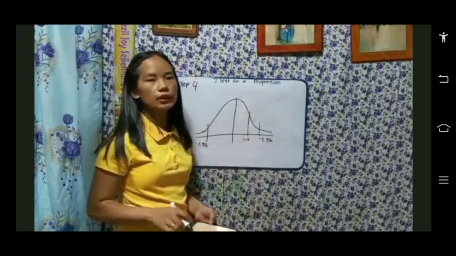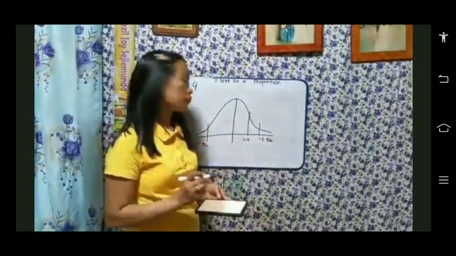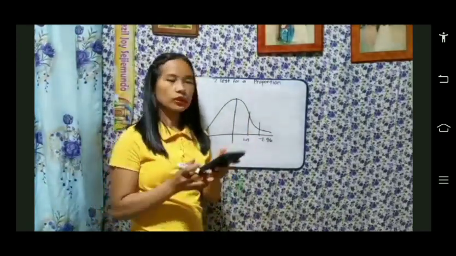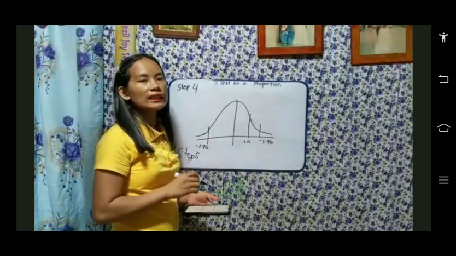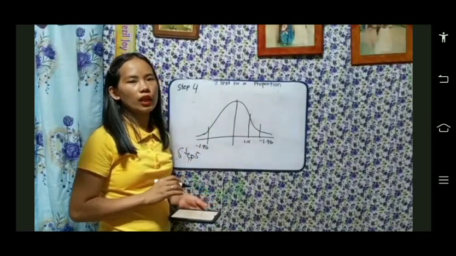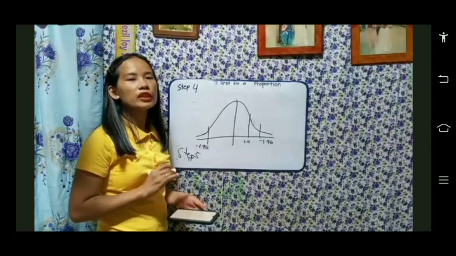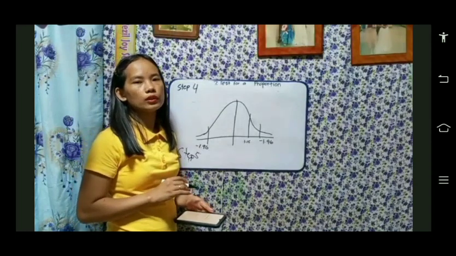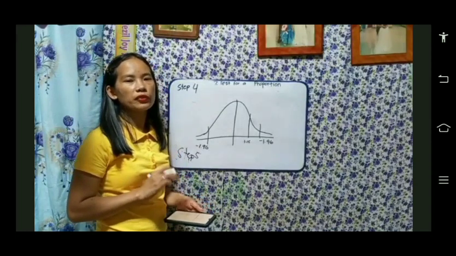So as you can see, it is not in the critical region. Step 5 is to summarize the results. There is not enough evidence to reject the claim that 60% of people are trying to avoid trans fats in their diets.